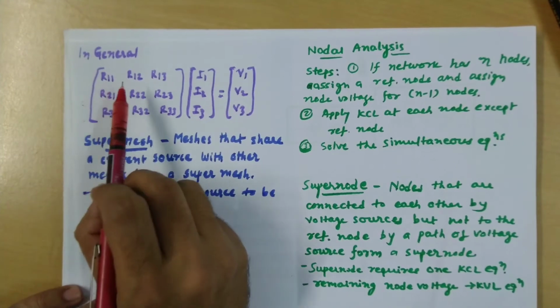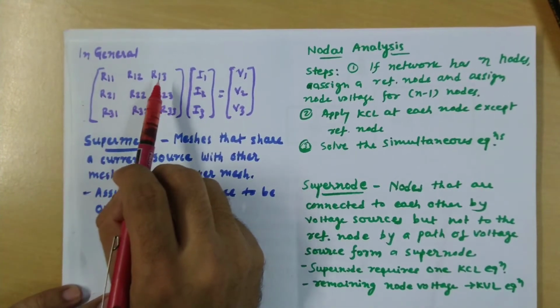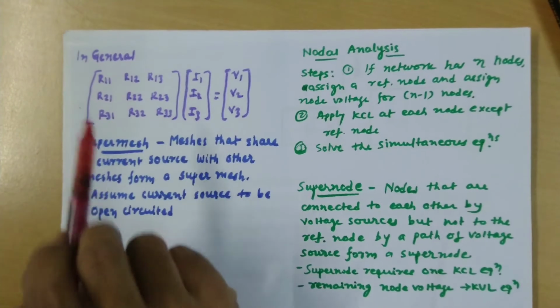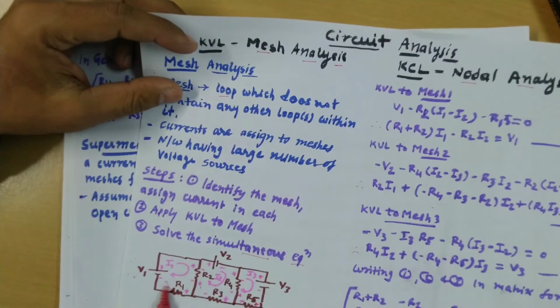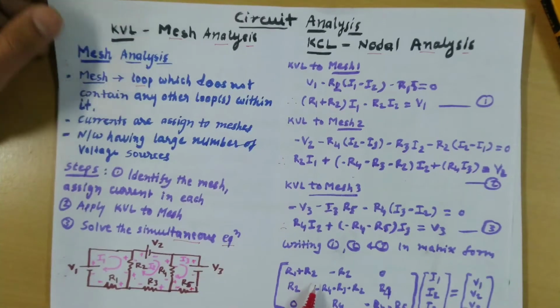In this matrix, R11 indicates self-resistance or sum of all resistances of mesh 1. For example, in this mesh 1, the resistances are R1 and R2. So it indicates summation of R1 and R2.